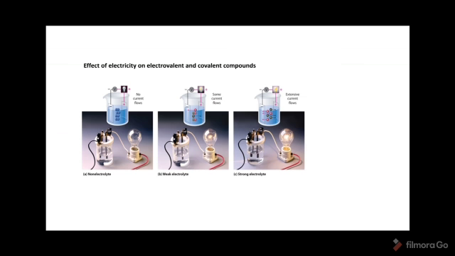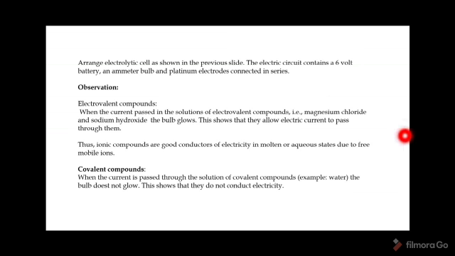Next, the effect of electricity on electrovalent and covalent compounds. Electrovalent bond: when current is passed through a solution of electrovalent compounds, for example sodium chloride, magnesium chloride, sodium hydroxide, or any ionic compound, the bulb glows. This shows that they allow electric current to pass through them.